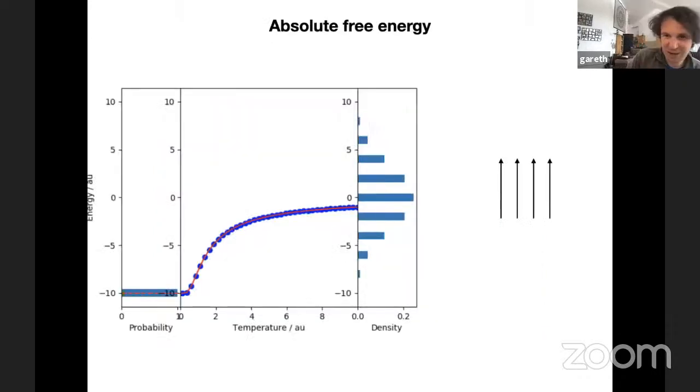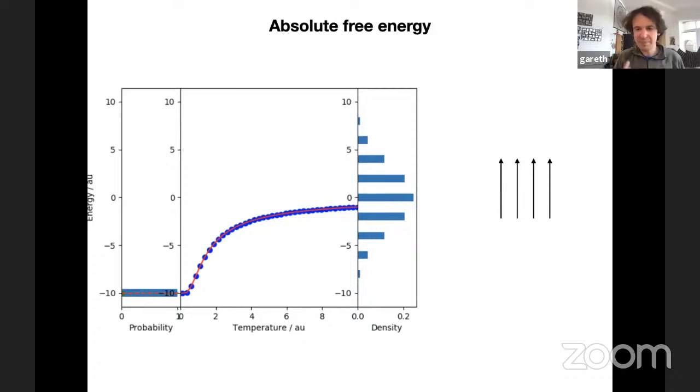The problem we're going to look at is the good old lattice gas Hamiltonian. What we've got is a bunch of spins that can be in one of two different states. They can either point upwards, aligned with a magnetic field, or they can point downwards. Each spin can point up or down, and they have a lower energy when they point up because the magnetic field is in that direction, and these spins are non-interacting.